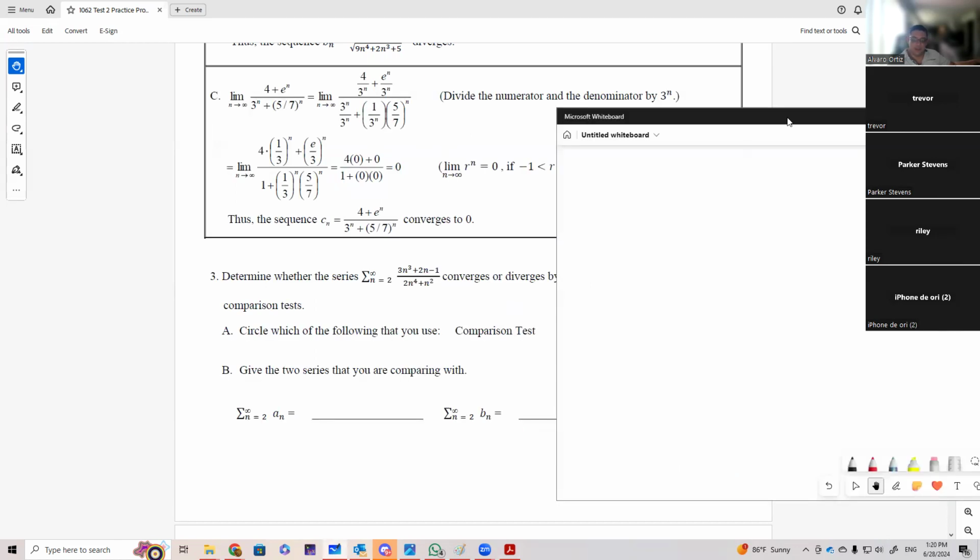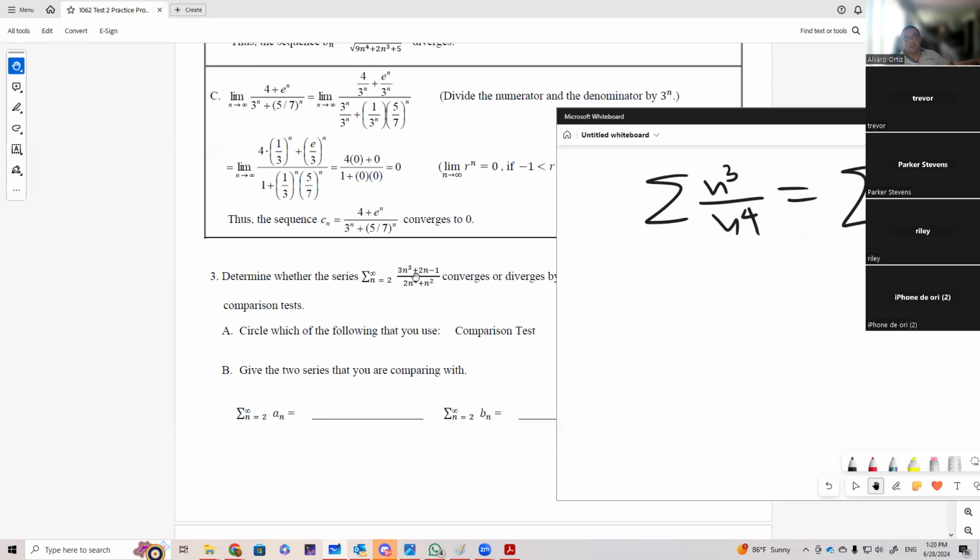So if we consider just a series with the top being n cubed and the bottom being n to the 4, what is this? Oh, look, it's 1 over n. Is this series convergent or divergent? Divergent. It is a divergent series.